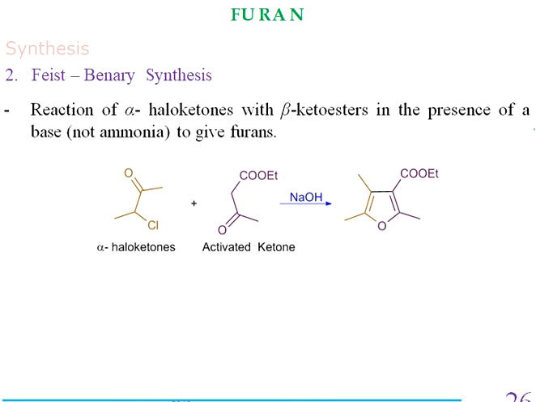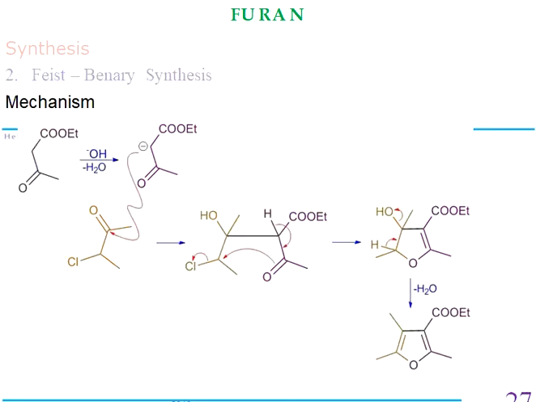So what happened in the mechanism? Your activated ketone reacts with OH negative of the base. I'll show you the mechanism. So what is happening in the mechanism? This activated ketone is reacting with OH negative and in turn facilitates the elimination of water.